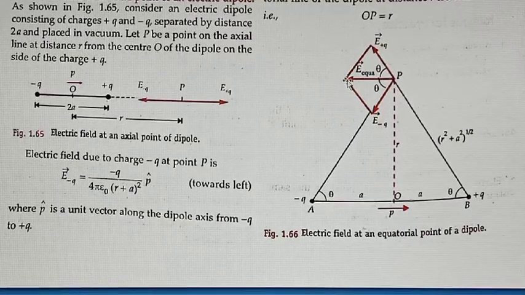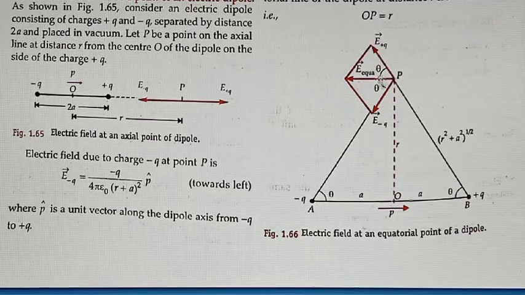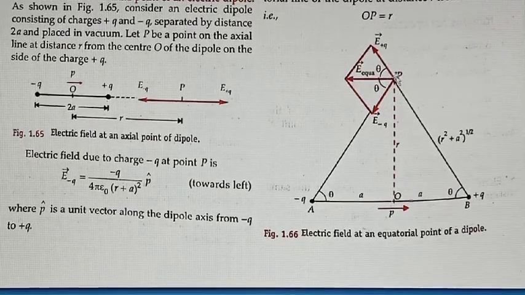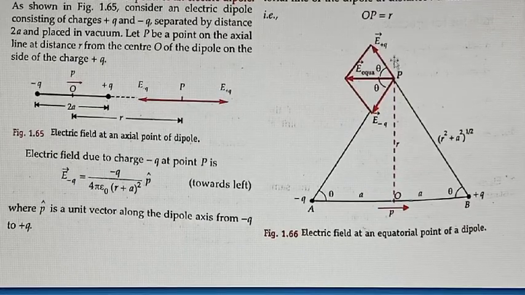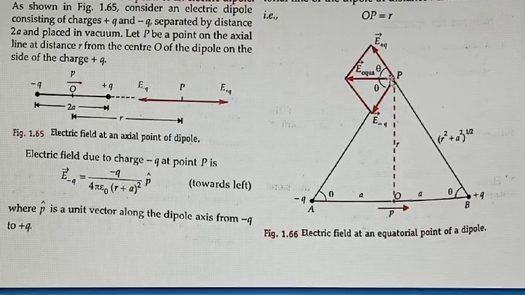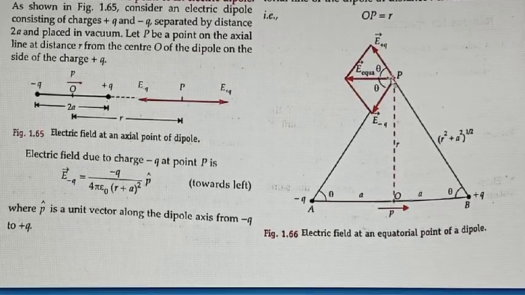So E minus Q cos theta and E plus Q cos theta both are acting in this direction, you can see. Also you can see that E plus Q sine theta and E minus Q sine theta both are acting in opposite directions.